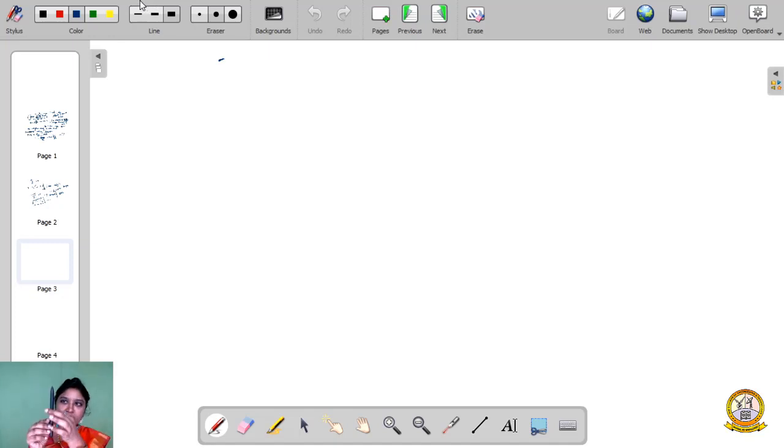If you place this object here and I make some disturbance, it automatically changes. So what is equilibrium? If it is able to return to its original position, then we call it equilibrium or steady state stability.